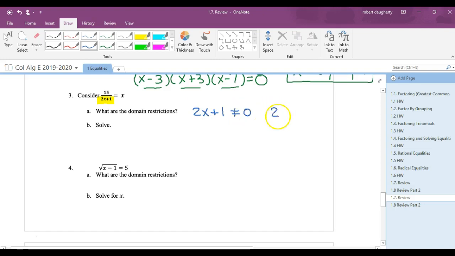That means 2x cannot be -1. That means x cannot be -1/2. This is my restriction. I'm going to go find an answer, and always check to make sure that it's not -1/2 in this case. So what I highlighted there, 2x plus 1, I have to multiply that entire equation by 2x plus 1.